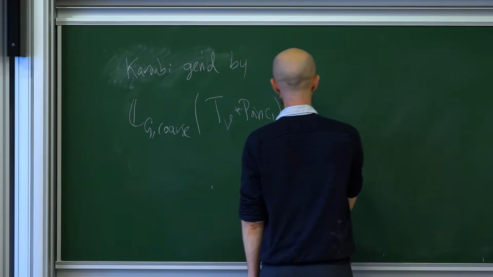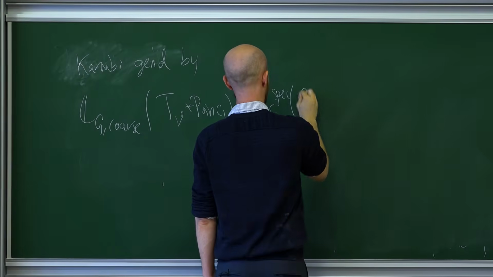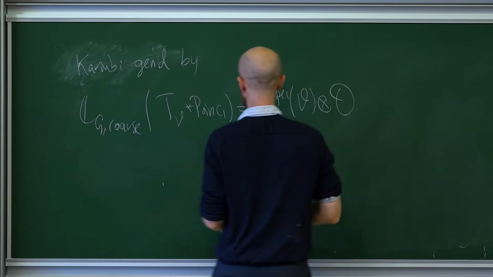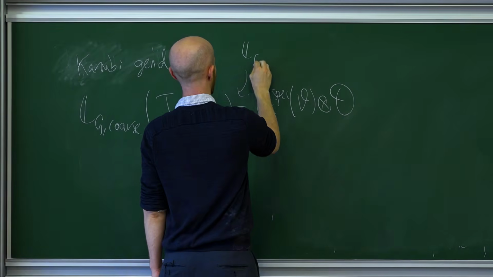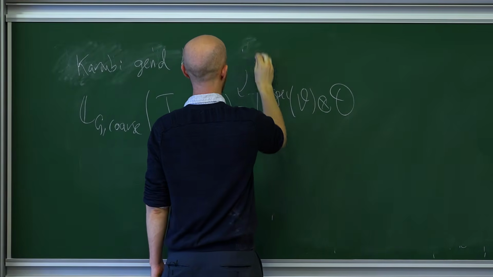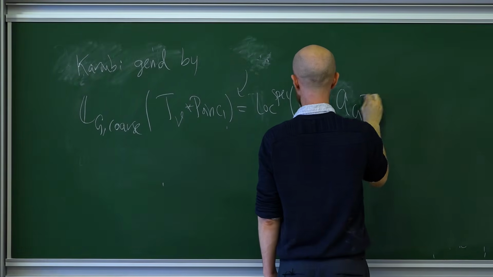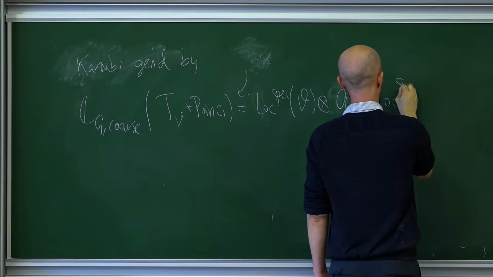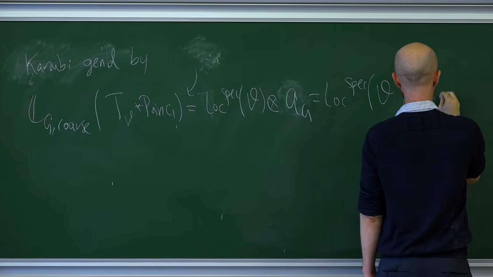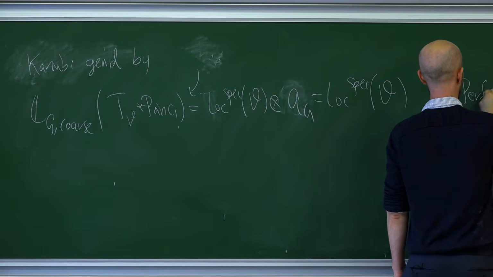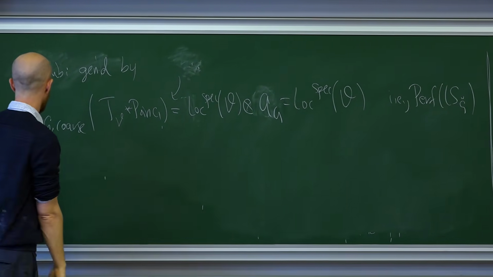And so this is the same as this spectral localization of V tensor with O, because I'm assuming that A_G is equal to O. Here, let me put it as A_G, and then this is Loc_spec of V. So in other words, these are objects which are just in Perf of LocSys G check. It's exactly the class of objects I get in this way.